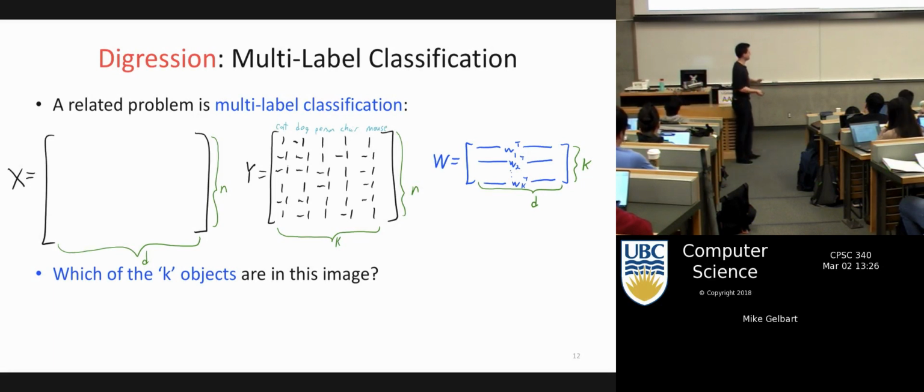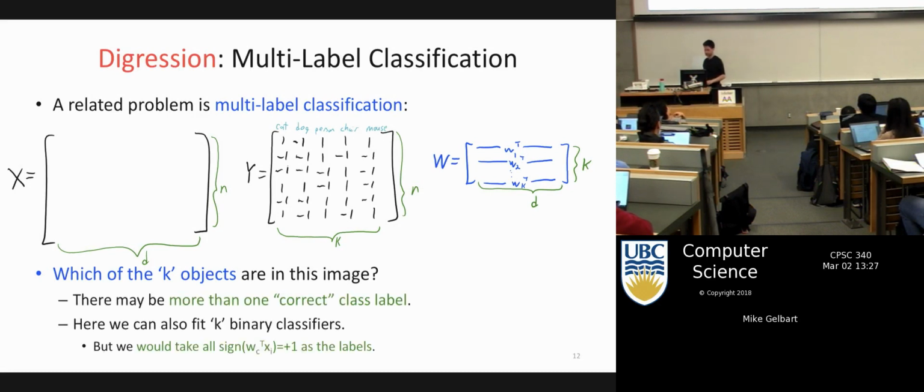The point of this slide is that this is an actual type of problem, called multi-label classification, but it's not the problem we're talking about today, which is multi-class classification. The difference is that you can have multiple ones in the same row of the Y matrix.